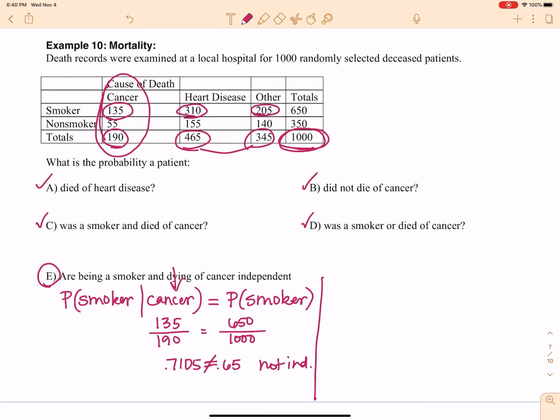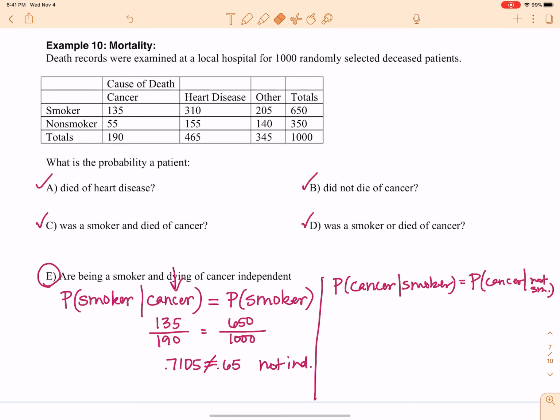Okay, there's another way you can set up the problem. If I want to know if being a smoker and dying of cancer are independent, I could set it up this way. The probability of dying of cancer, given you're a smoker, is that equal to the probability of dying of cancer, given you're not a smoker? Okay, so over here again, now I'm just looking at the smokers.